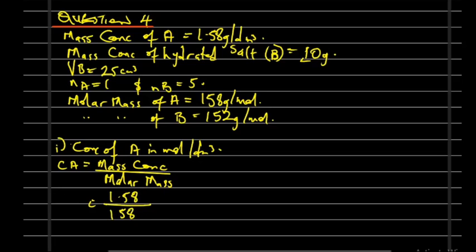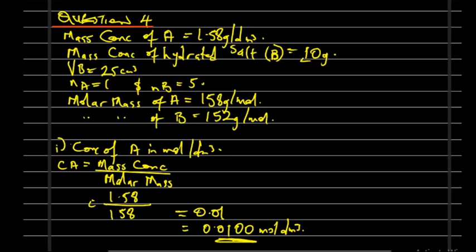When we do the calculation, we'll find 0.01, and to 3 significant figures it is 0.0100 moles per dm³. So that is going to be the molar concentration of our acid that has been used.